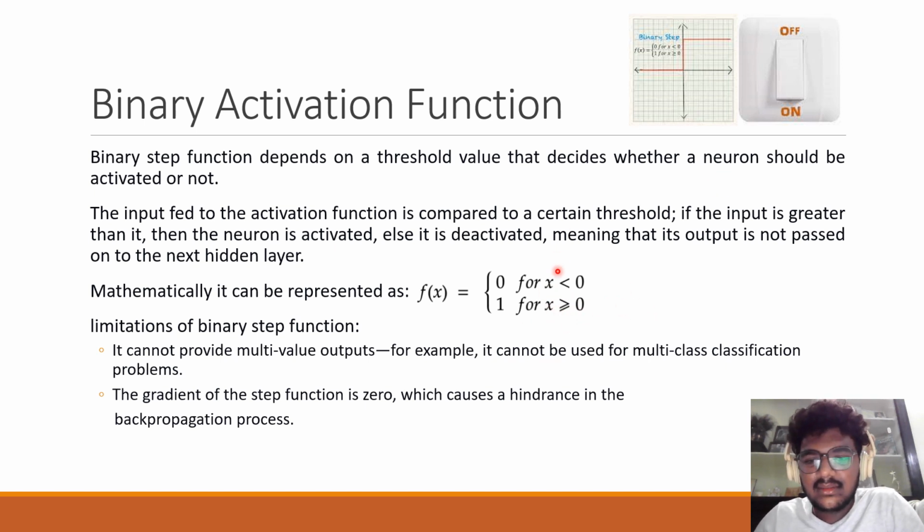So it's similar to a switch, right? When we say on, the value goes up and triggers to 1, and for every negative value it will be off. So we can say when the power is there, only then the step activation function gets triggered. If there is no power, then nothing will happen.